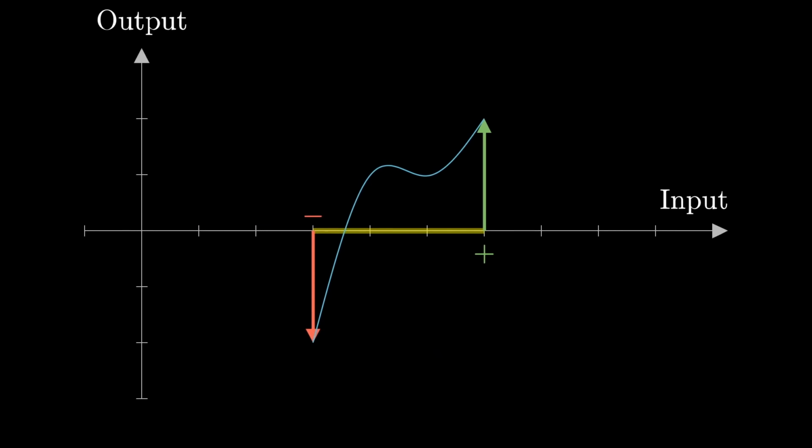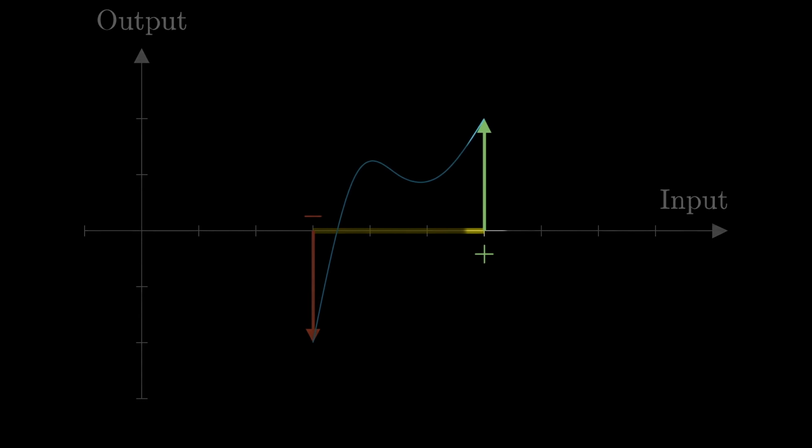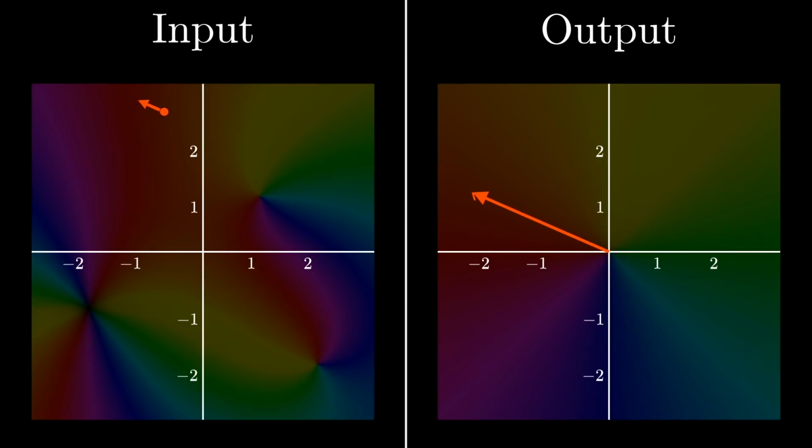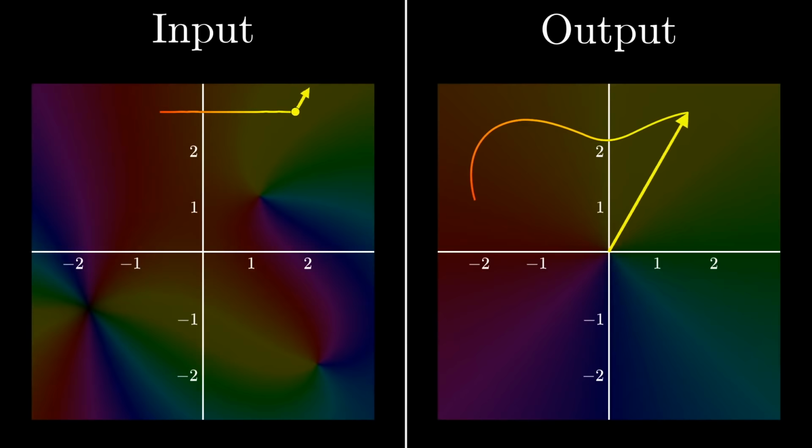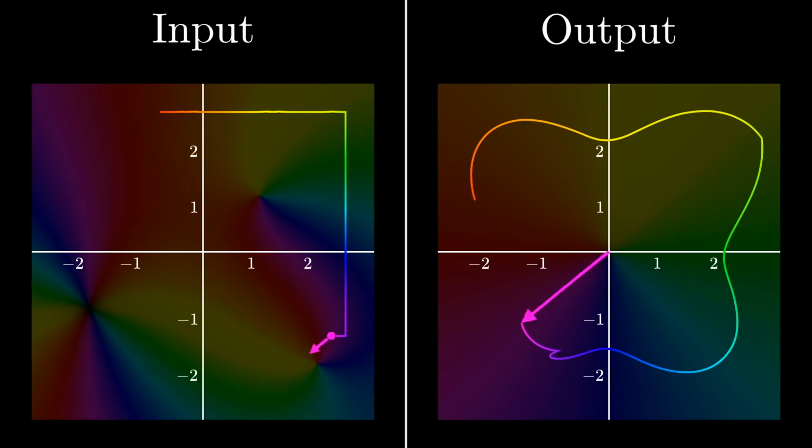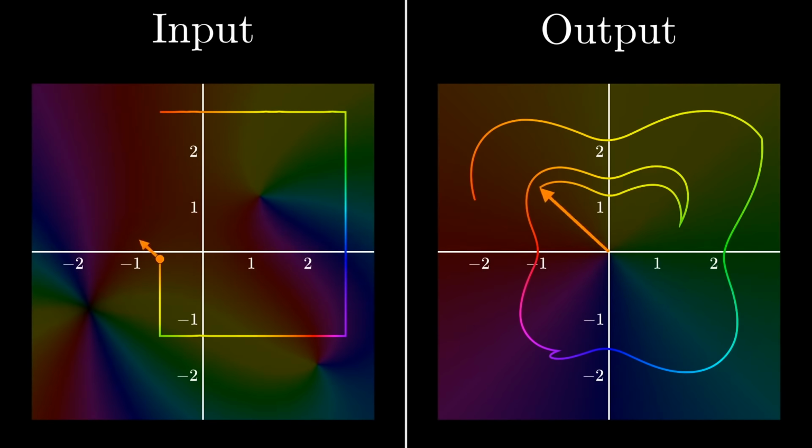So the same way that in 1 dimension, we were asking whether a given function is positive or negative on the boundary of a range, which is just 2 points, for 2D functions, we're going to be looking at the boundary of a region, which is a loop, and ask about the direction of the function's output along that boundary.